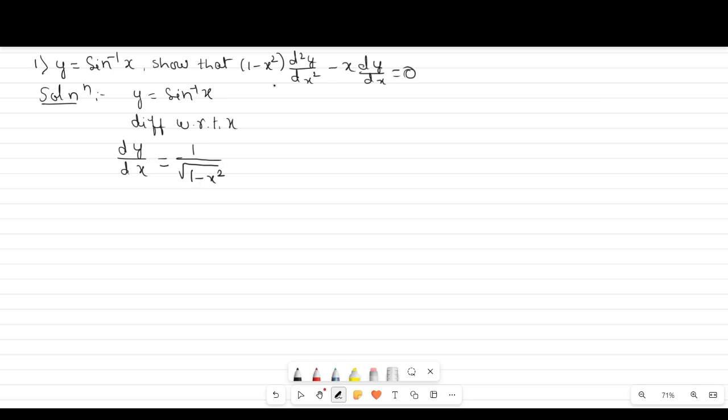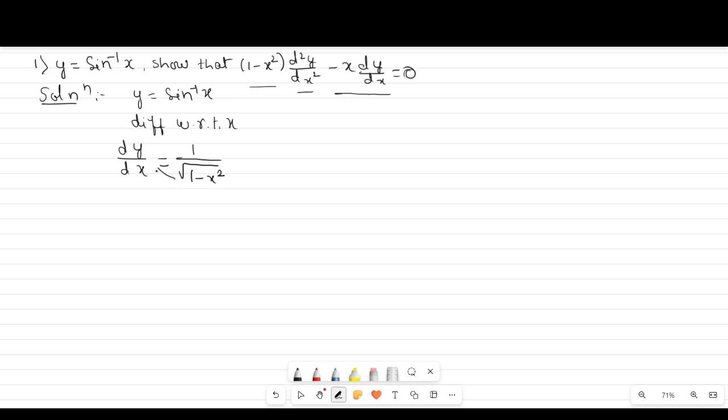Okay. See, observe here what we should get: (1 minus x square) d square y by dx square minus x into dy by dx. Isn't it? So it means again we must differentiate the function. See, what I will do here, before differentiating the second time, I will cross multiply the right hand side denominator to the left hand side.